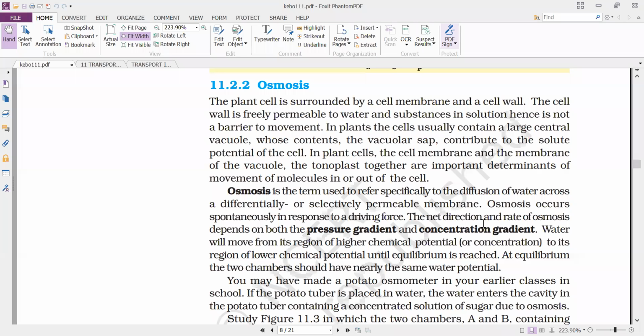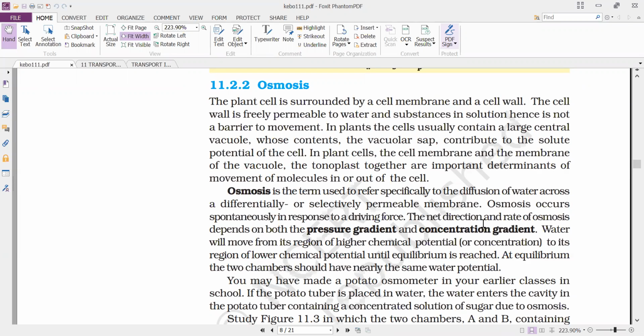Where there is more solute concentration, there is less water potential, and where there is low solute concentration, there is high water potential. So the water will move from the region of higher water potential to the region of lower water potential as a net.